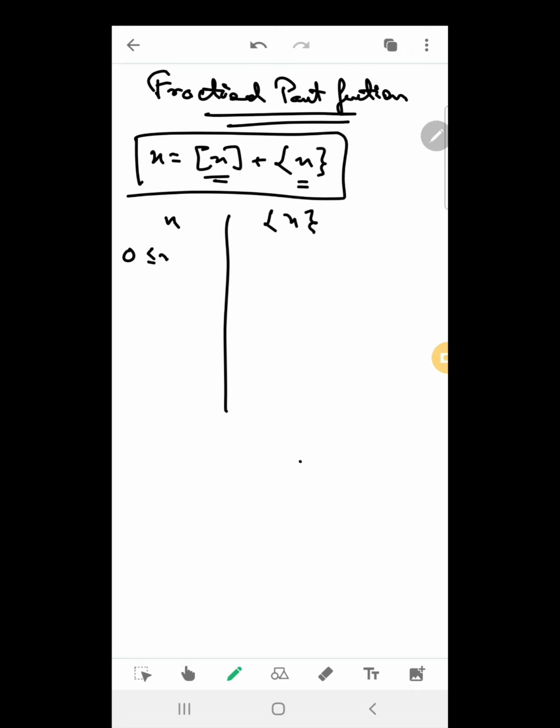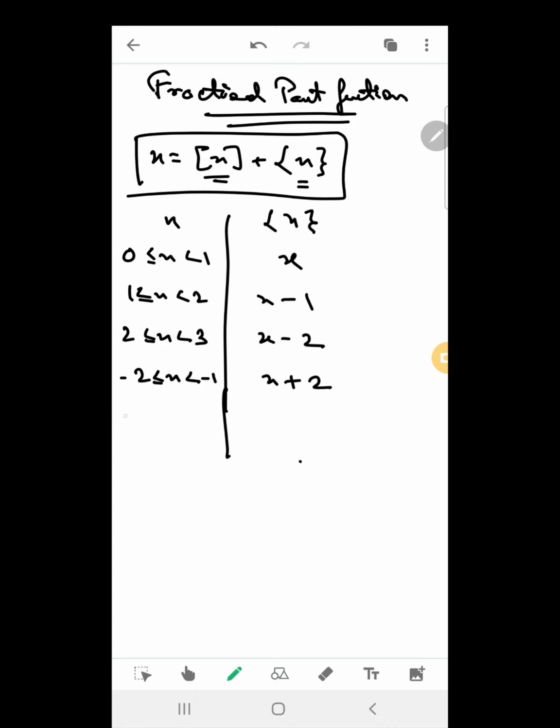When x lies between 0 and 1, including 0, it will be x; from 1 to 2, this will be x minus 1; from 2 to 3, x minus 2; from minus 2 to minus 1, it will be x plus 2; from minus 1 to 0, x plus 1.